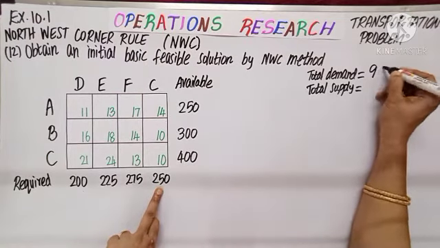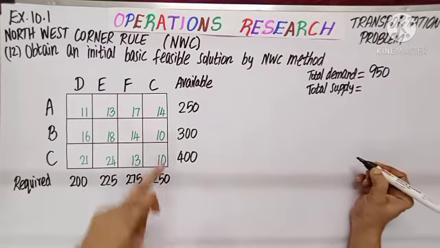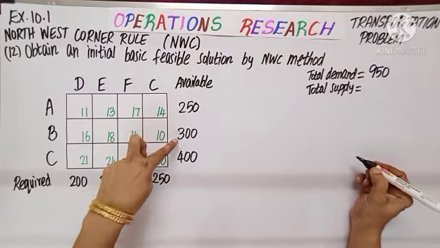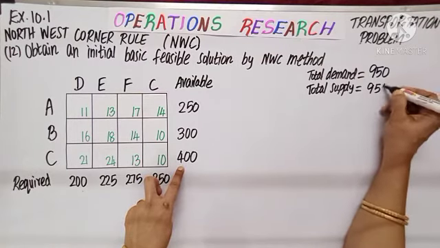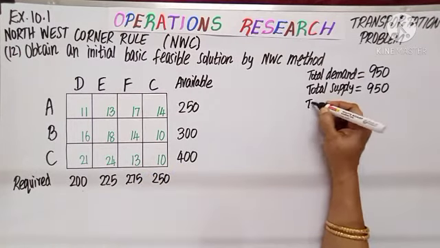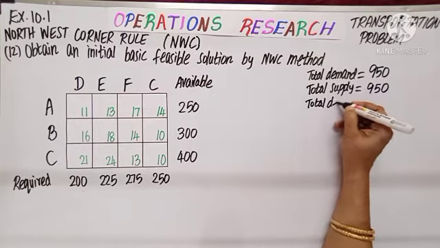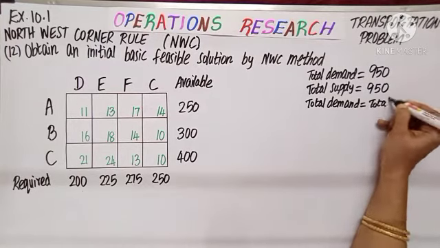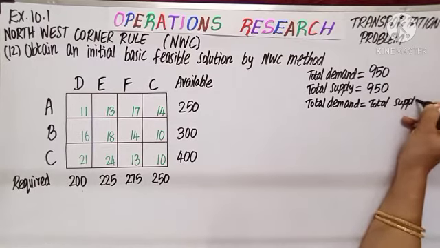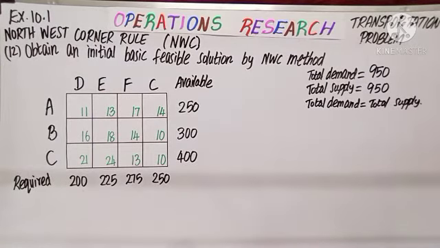We get 915. Total supply 250 plus 300 plus 400, that is also 915. So they are equal. Total demand equals total supply. Tells us the transportation problem is a balanced one.